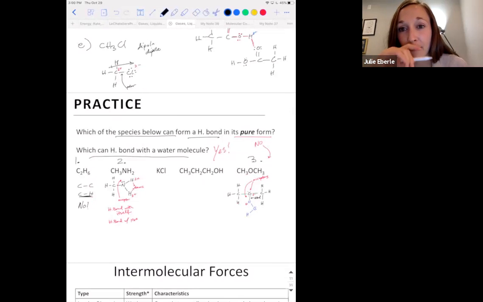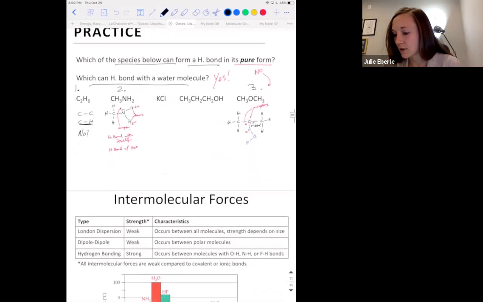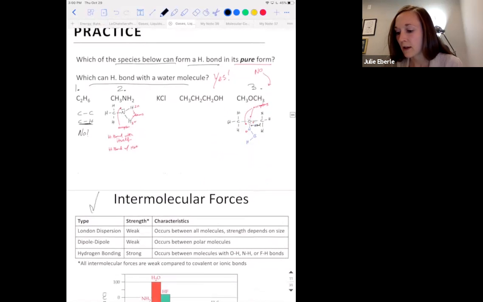So this kind of puts a cap on intermolecular forces, intermolecular interactions. So now we're going to move on and talk about gas laws. The only thing I'll show you is a little bit of a review table down here, just summarizing all that we learned about intermolecular interactions. On your homework, you'll have some questions that say, put these substances in increasing boiling point, or order them by decreasing boiling point.